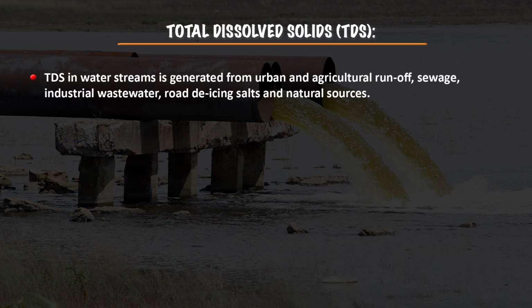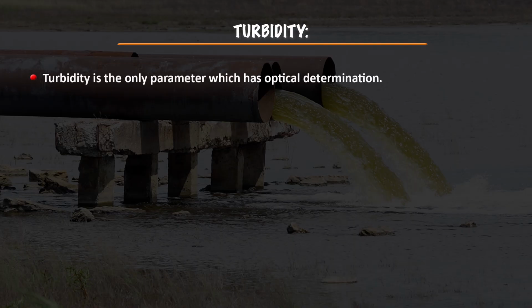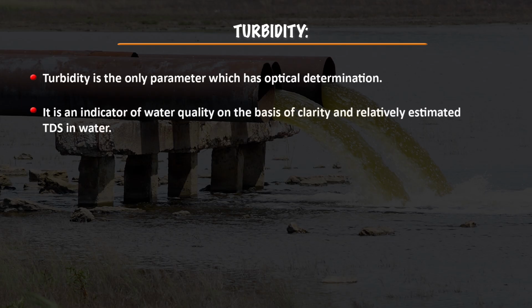TDS in water treatment is generated from urban and agricultural runoff, sewage, industrial wastewater, and also some road de-icing salts, and natural sources are also there. And the next criterion is turbidity. Turbidity is the only parameter which has optical determination. It is an indicator of water quality on the basis of clarity and relatively estimated TDS in water.